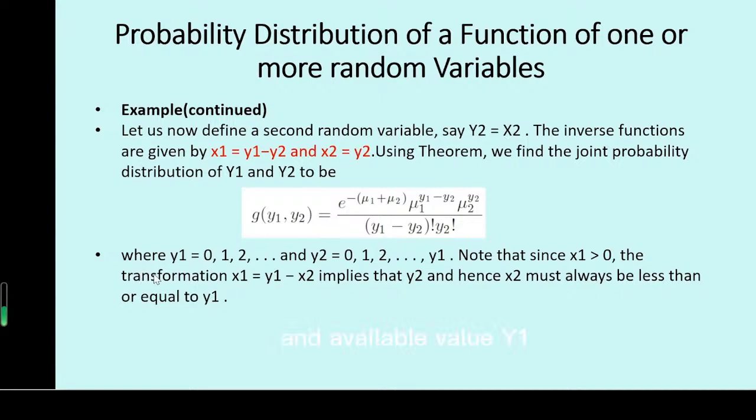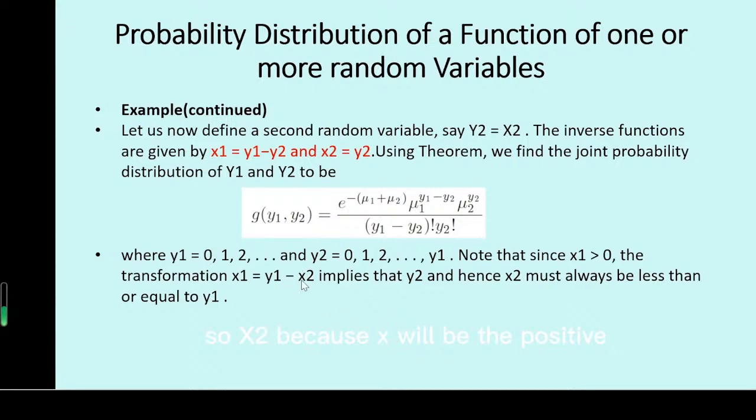And available value y1 can be 0, 1, 2, 3, 4, and so on for all positive integers. But y2 is 0, 1, 2, 3, 4 until y1. Because x1 is larger than 0, the transformation y1 equals x1 plus x2 implies that x2 must always be less than or equal to y1.